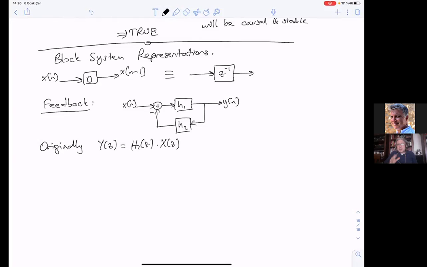Okay, and H1 has some poles which are problematic, maybe out of the unit circle. So for a causal system, it means an unstable system. But now the new system appears to be altogether different, if you consider this, like this.